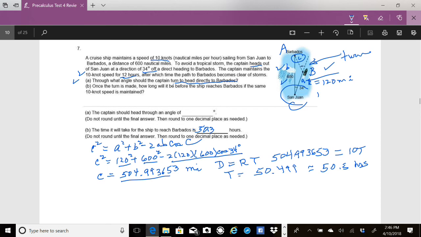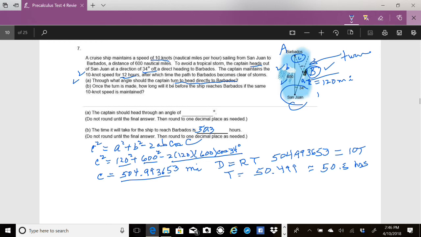And now we need to find the angle. So if we can find angle B, we can subtract that from 180 degrees, and that will be the angle that the captain must turn.